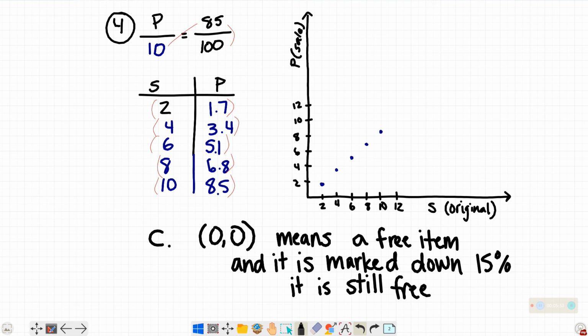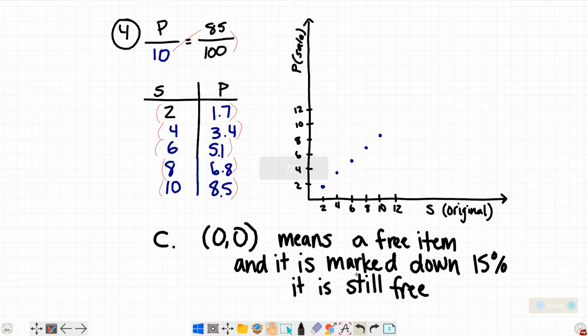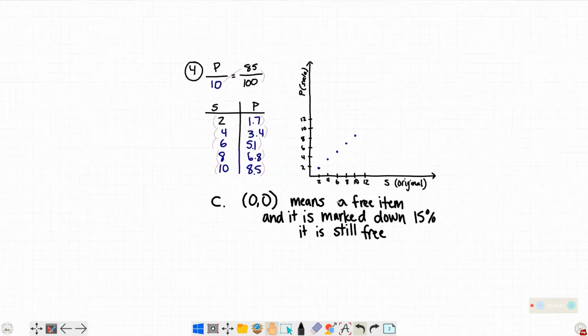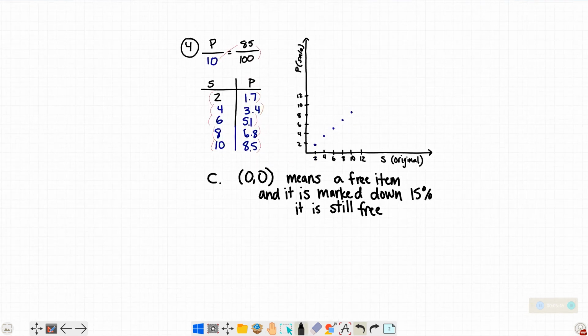And now we're going to talk about the 1, comma, 0.85. That R is going to be that rate. So our next point is 1, comma, 0.85. It's based on that percent.